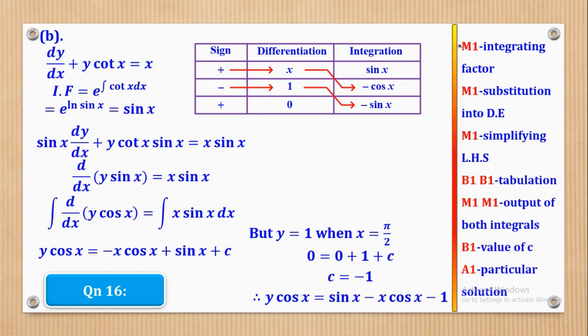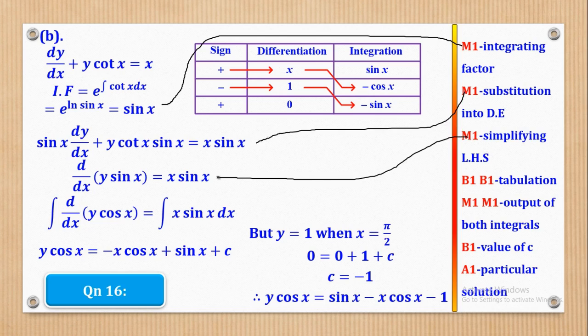So the first mark is for getting this integrating factor. The second mark is for substitution into the given differential equation. This one is for simplifying to come up with this, and these 2 marks are for this table. One is for that part, and the other one is for the second row and third row.